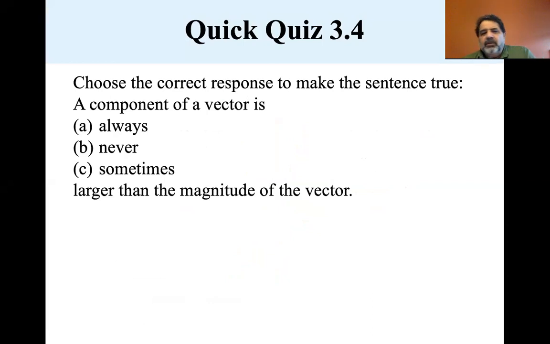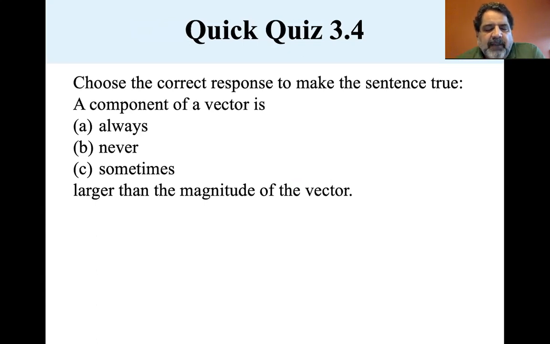Well, it can't always be larger because the magnitude of the vector is the hypotenuse.